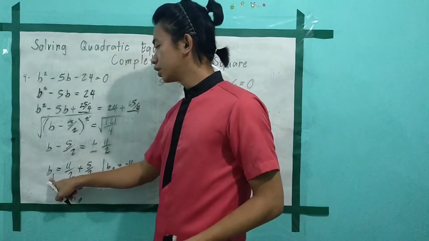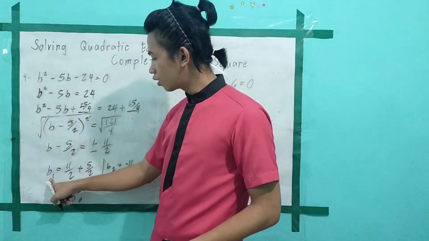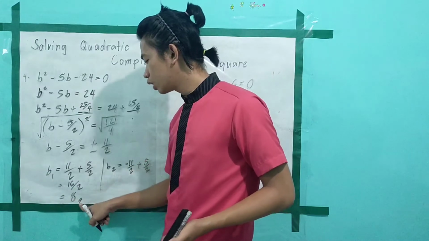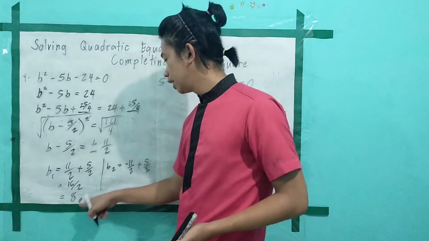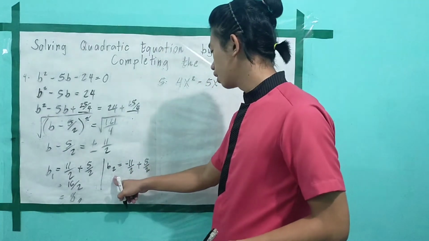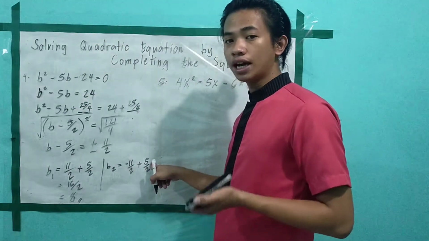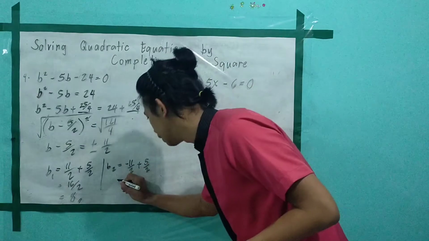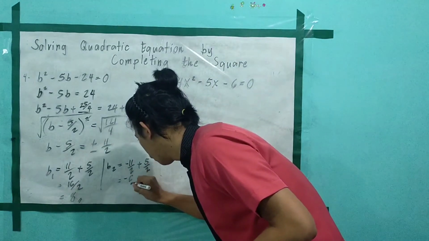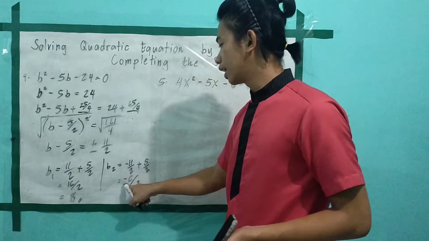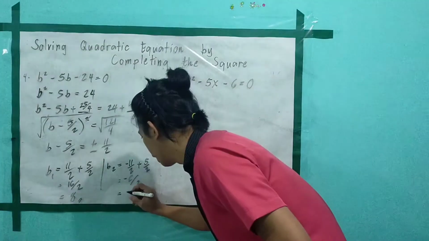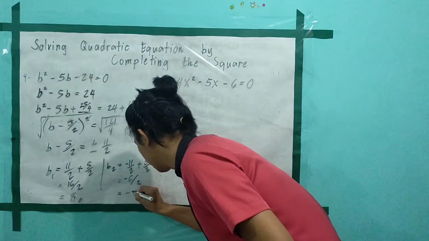So, ang sagot sa ating b sub 1, or our first solution, is equal to 8. Next, for b sub 2, negative 11 plus 5, we have negative 6 over 2. Negative 6 over 2 is equal to negative 3.